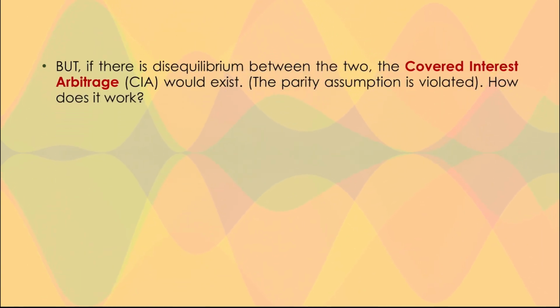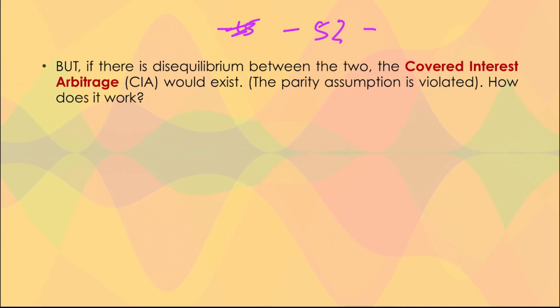Okay, but if there is disequilibrium, before this we had negative 5% equals negative 5%, so we cannot make profit.